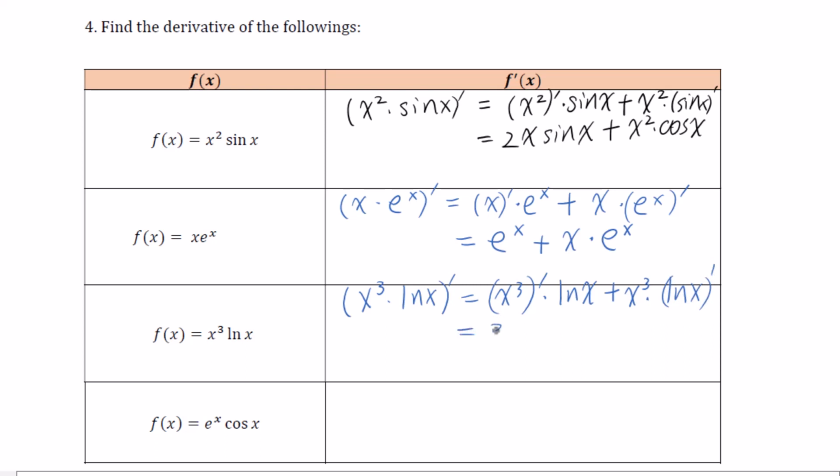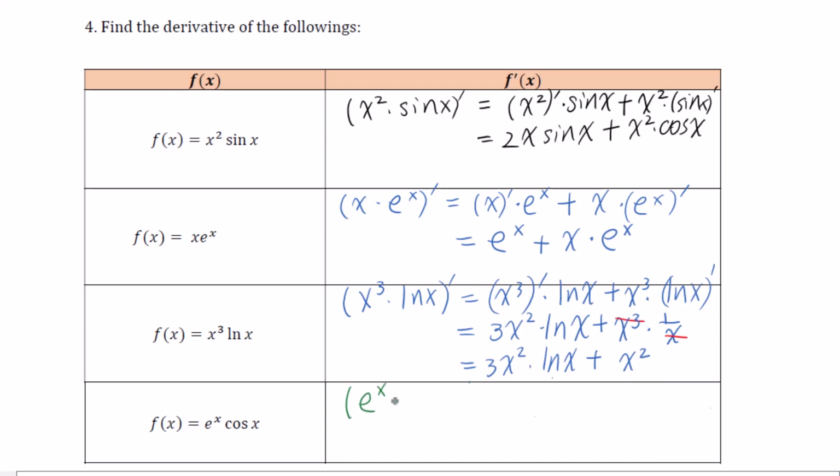So we have 3x squared natural log of x plus x third power. The derivative of natural log of x is 1 over x. Simplify: 3x squared times natural log of x plus x squared. Let's go to the next question.